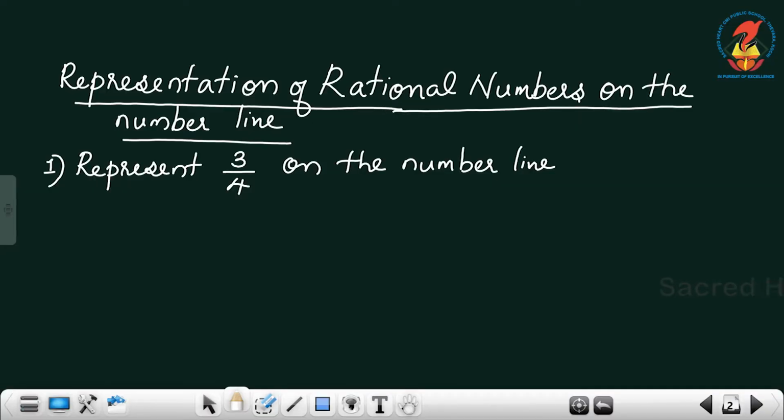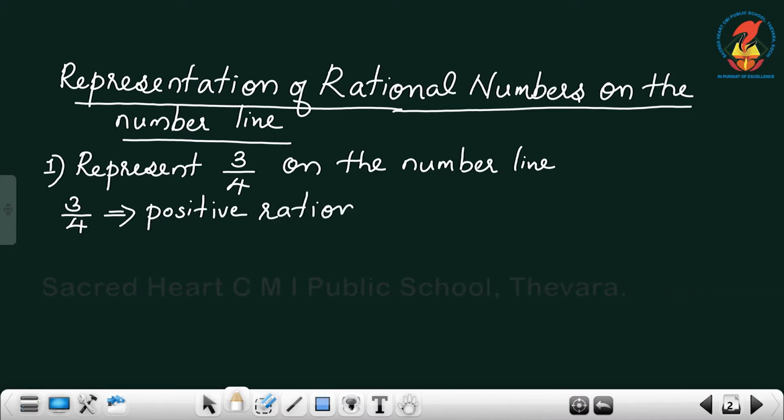Now we will consider the first question. Represent 3 by 4 on the number line. 3 by 4 is a positive rational number. Then we can consider this 3 by 4 as a fraction.